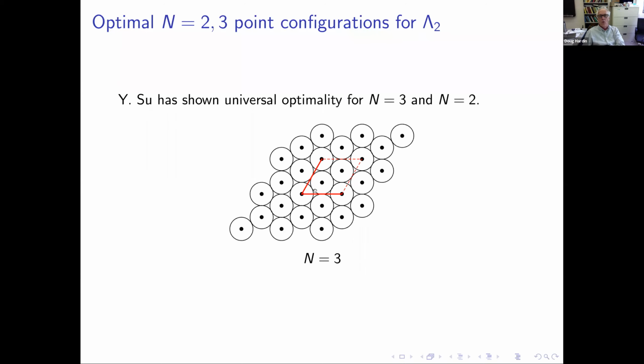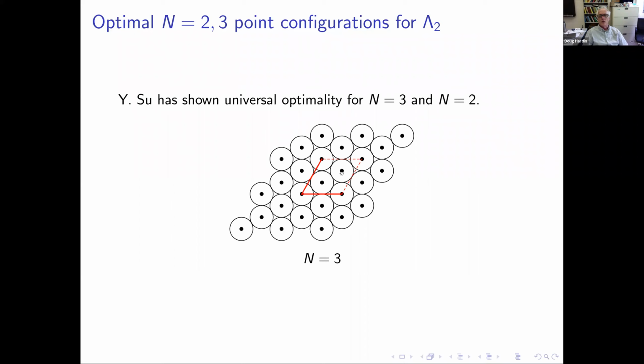So for these two, there's a way of taking the hexagonal lattice and rotating it, and you get this sublattice now. You can fit in, this is a configuration of 3 points.